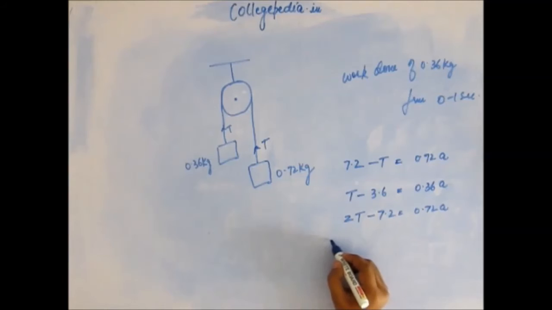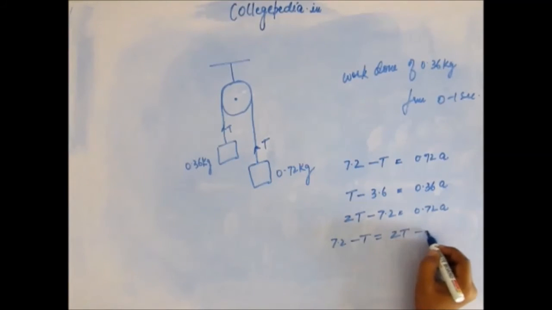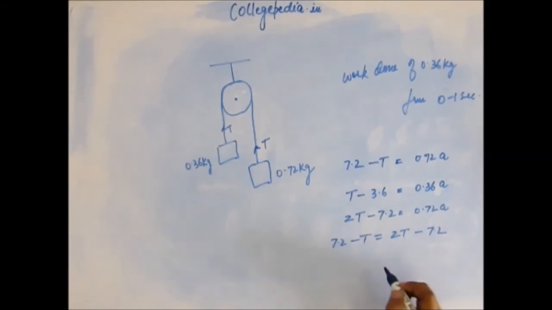We get from here 7.2 minus T is equal to 2T minus 7.2. This gives us 14.4 is equal to 3T. So T would come out from here as 4.8. So T is 4.8.